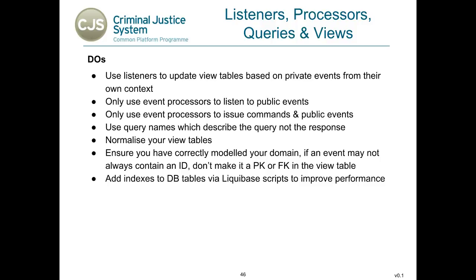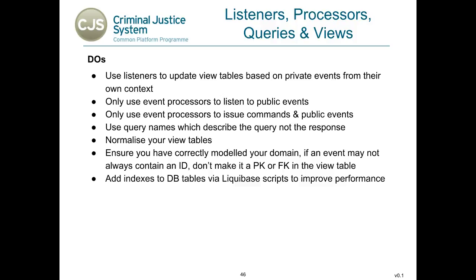So, do's for this lot. Use listeners to update view tables based on private events from their own context. That's basically saying event listeners should only be using the data that they get out of private events to update the view store. They shouldn't be using any other information they get from any other context. They shouldn't be using any other information that they make up themselves.